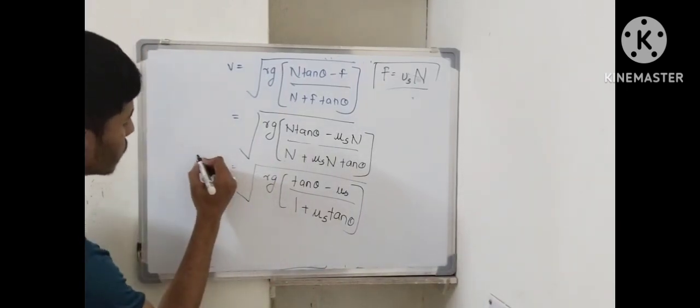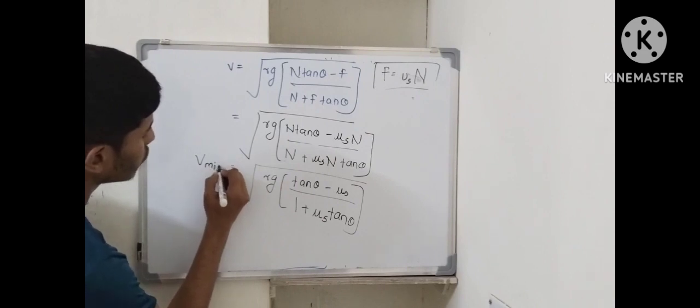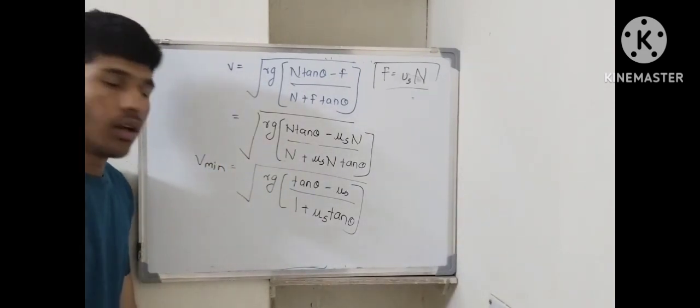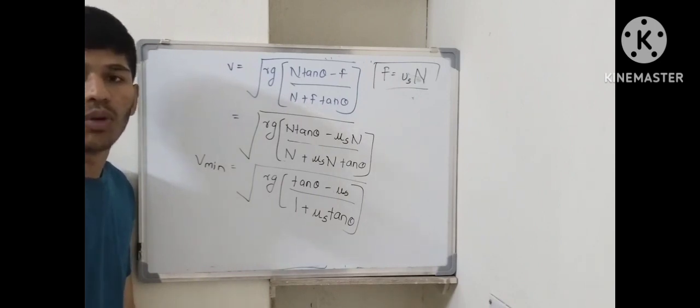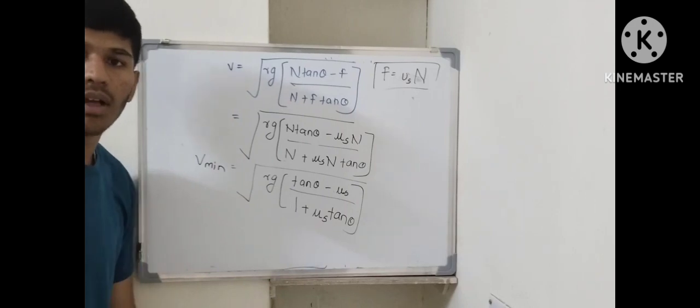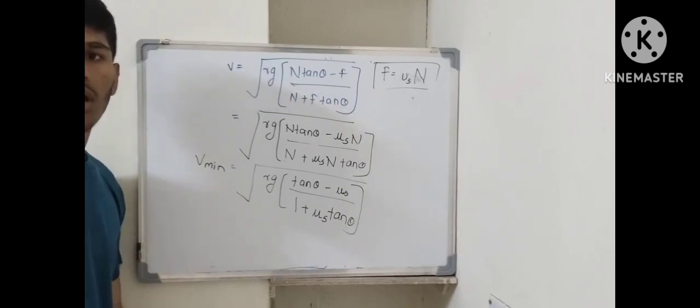We got our final answer, that is V minimum is equal to under root rg into tan theta minus mu s upon 1 plus mu s tan theta. So this is the formula for finding the minimum speed considering the case of friction.